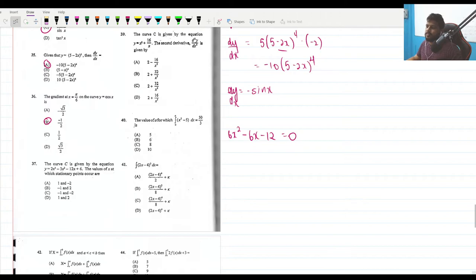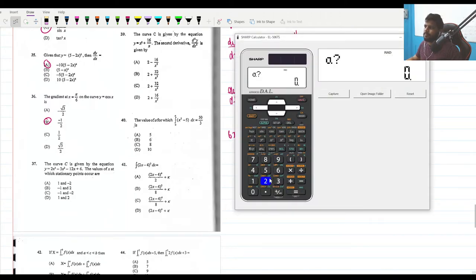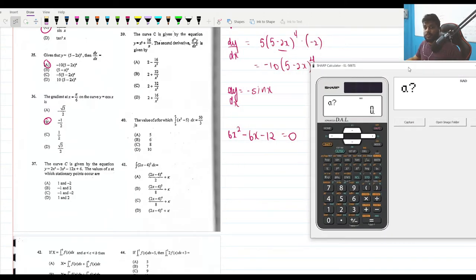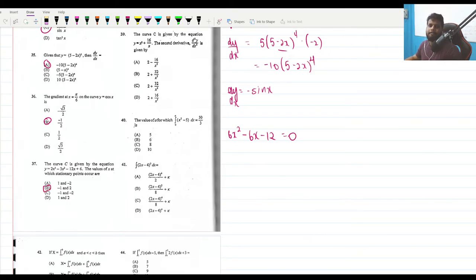I can solve this on my calculator. If you don't know how to solve a quadratic as an AdMath student, something is wrong. a is 6, b is minus 6, and c is minus 12. The answers are 2 and minus 1. The answer is B.